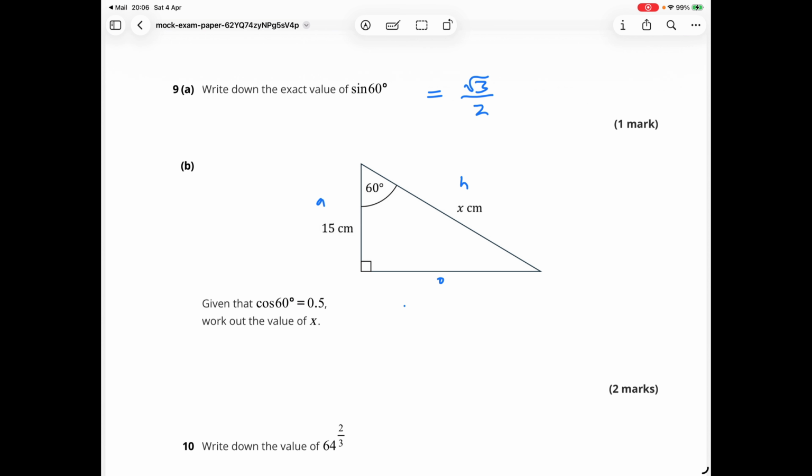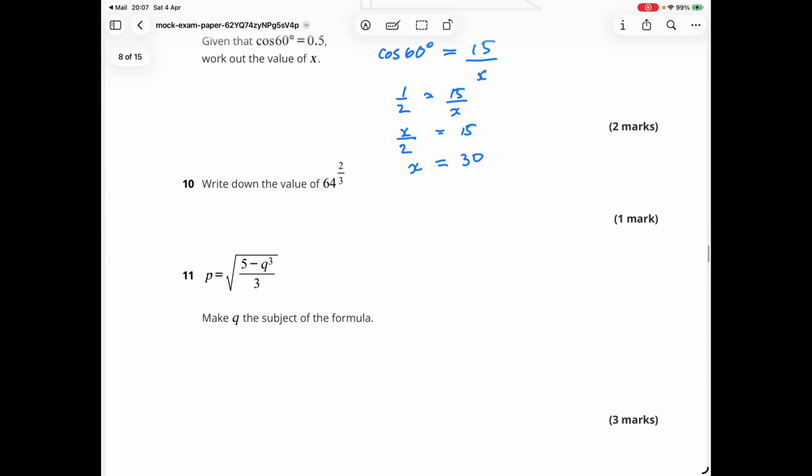So cos of 60 equals 15 over x, and so we know that a half equals 15 over x. So x over 2 equals 15, so x equals 30. It's a lot more work than I really needed to do, but there we go.